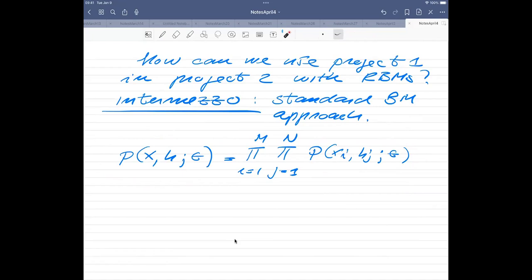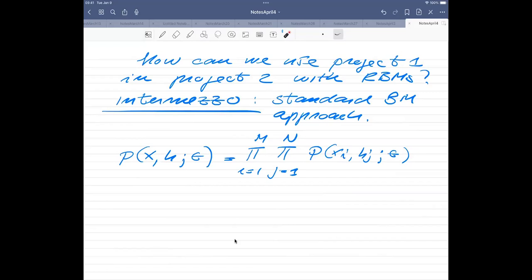Now, if you think back to what you did in project 1, when you didn't have an interaction, the wave function was just the product of the single particle wave functions, which were just harmonic oscillators. And that would be an example of a similar probability distribution where all the objects are independent of each other and identically distributed.